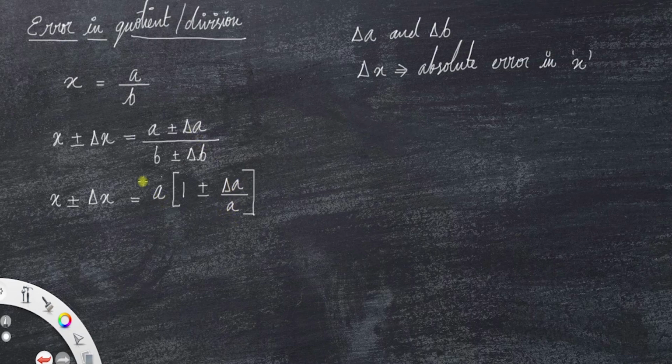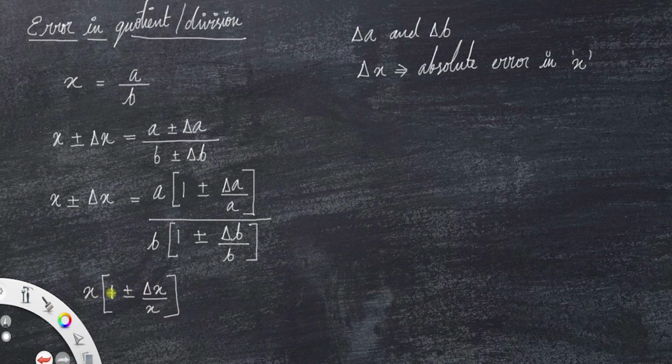Clear? So divided by, similarly you have to take the b out, b into 1 plus or minus delta b by b. Clear? Again, if you take x out, x into 1 plus or minus delta x by x.